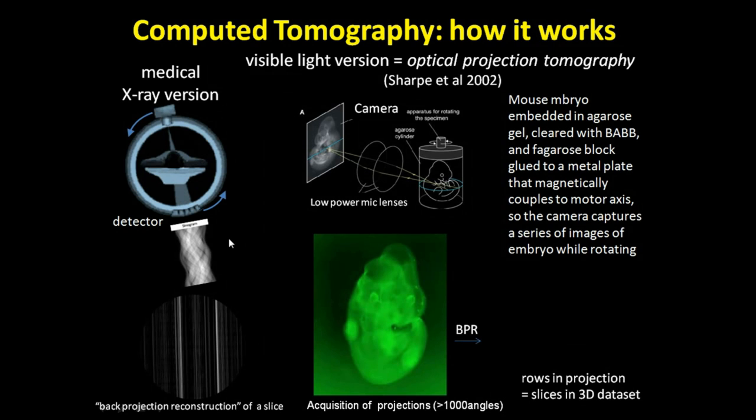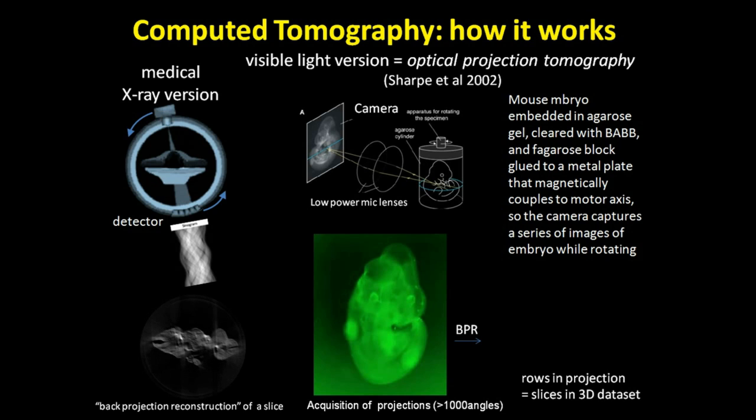Through a mathematical technique called back projection reconstruction, you reconstruct a virtual slice of what the organism looks like inside, slice by slice. If you move the specimen, in this case the human body, through this beam of light and collect several of these points along the axis of the body, you get a full tomogram, a series of images, like a loaf of bread cut into different slices.